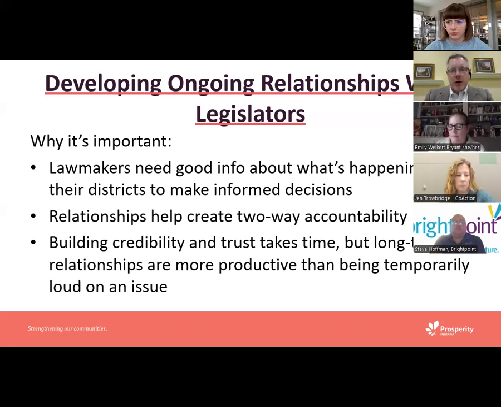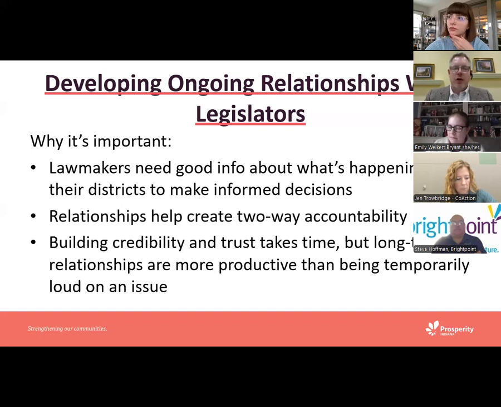And here's a few reasons why this is so important. So legislators are real people. They're humans. They often have places where they're experts. They may have come through business. They may have come from other backgrounds that made them valuable in the electoral process. But that doesn't mean that they're experts in everything.